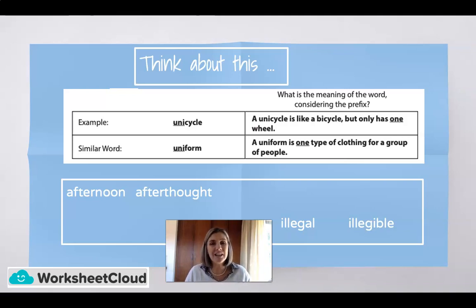So what do you think illegible means? It's not legible. Do you know what legible means? I'll give you a sentence. I was marking a child's book and the writing was illegible, wasn't legible. Good. I couldn't read it. So the writing wasn't clear. It was not legible, illegible.